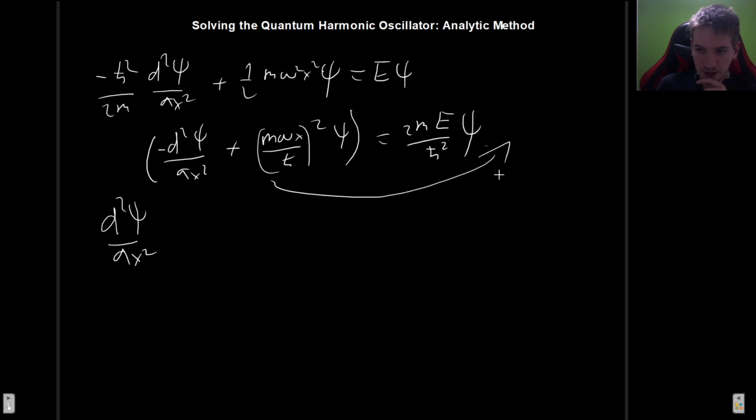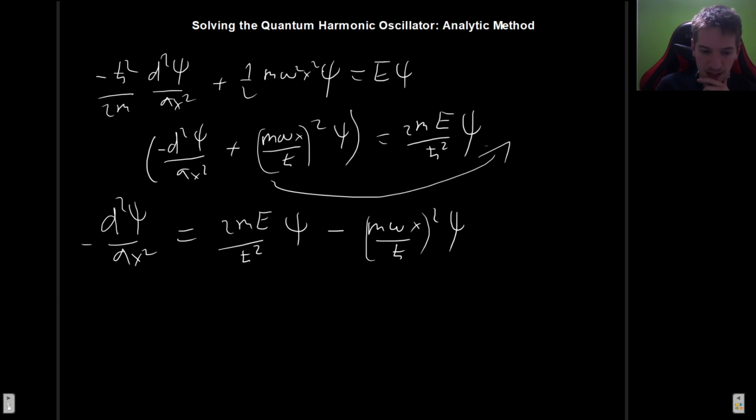So minus d squared psi dx squared is equal to 2m E divided by h bar squared times psi minus m omega x divided by h, all of this squared, psi. Now we can just multiply by minus 1 so that we lose that minus. So it's going to be minus here, and this is going to be a plus. Okay, so far so good.